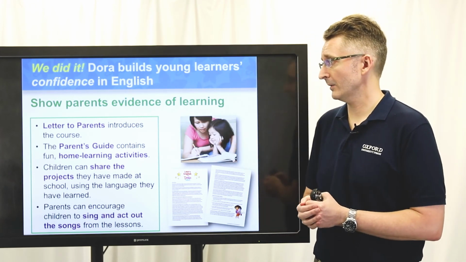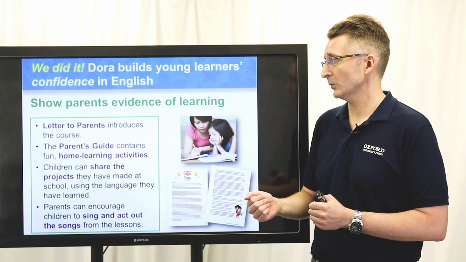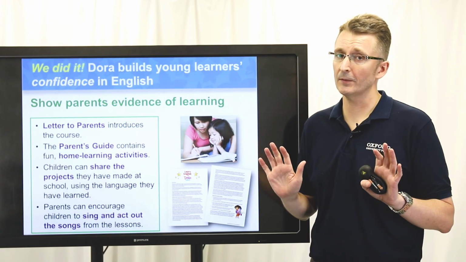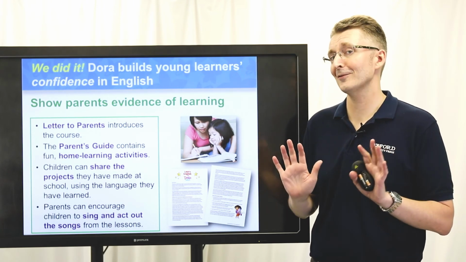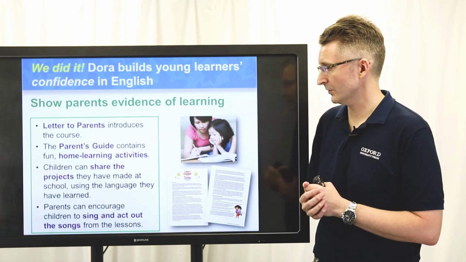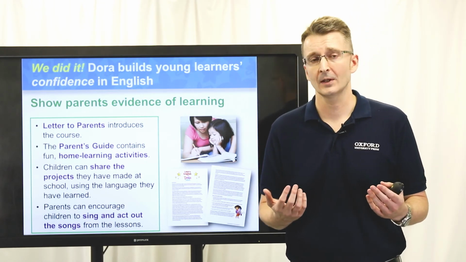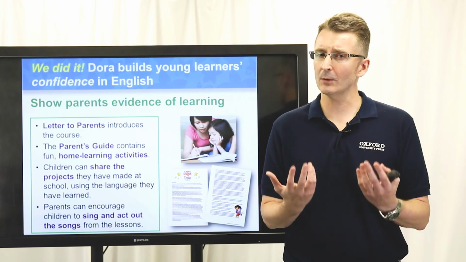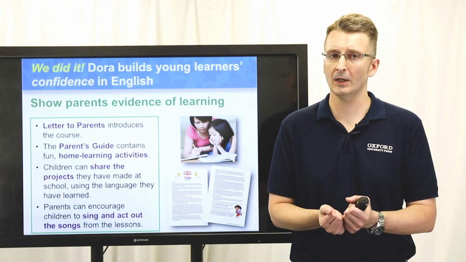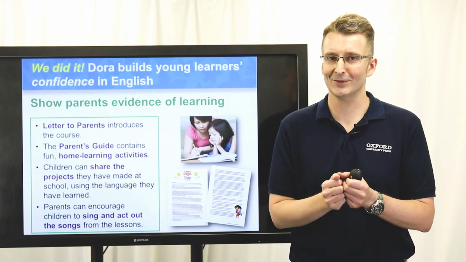There are letters to parents, a parent's guide which contains fun, home learning activities that parents can do with their children even if the parents don't have great English themselves. Children can share projects they've done at school, and there's lots more advice to help parents to see what their children are learning with you so that they can feel confident in their child's progress in your lessons.